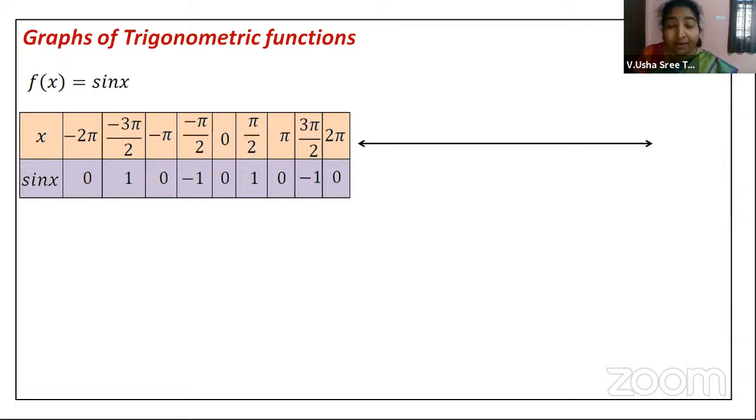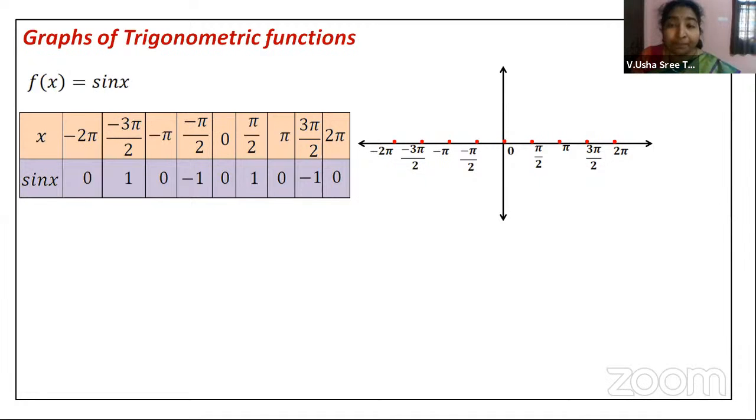So we will take all these values, the angles on the x-axis, and take the points 0, pi by 2, pi, 3 pi by 2 and 2 pi on the positive side. And on the negative side, we are taking minus pi by 2, minus pi, minus 3 pi by 2 and minus 2 pi.